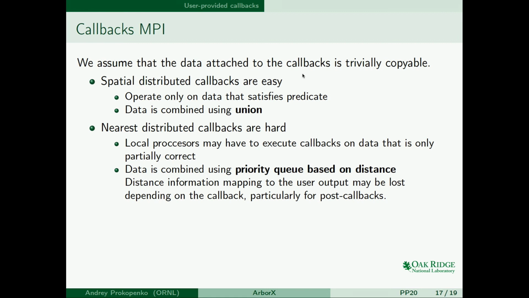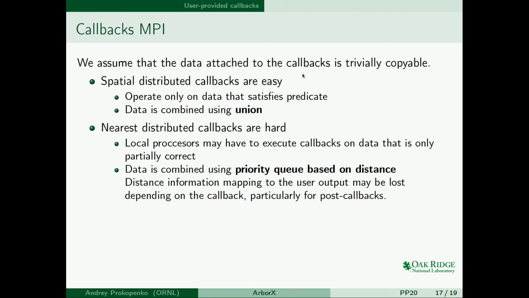The challenge with the nearest callbacks is the fact that all the processes will compute some data. For example, you search for 10 points, you send your queries to however many processors, each of them produces 10 results, but then you need to combine those, say, 100 results into 10 based on the distance.